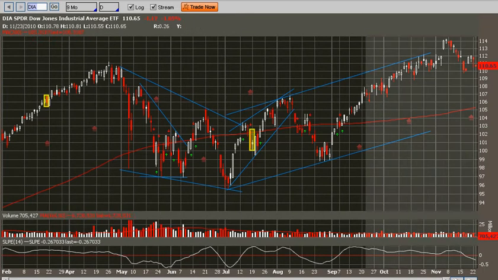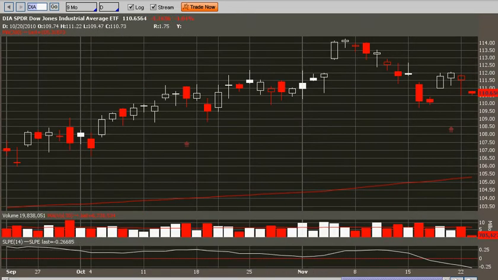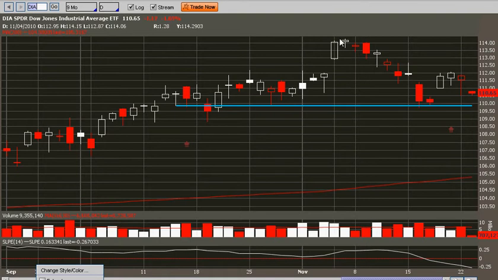We see something similar here. First we have our support line, and then we have our top line. This formation is a little weaker than the one in the S&P, but it's probably because it's an ETF and subject to more market noise.